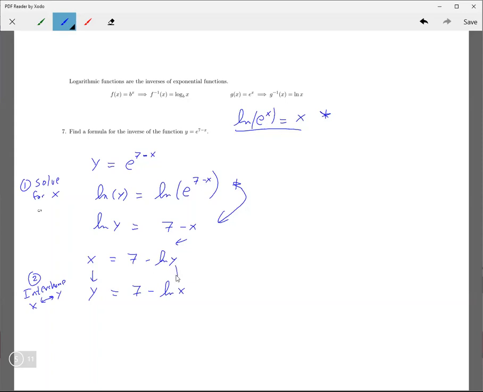Okay, so that changed to that, that changed to that. And this is the answer right here. So if the original one were like this notation, then the inverse would be 7 minus log x, according to what we just did here. Any questions about that?